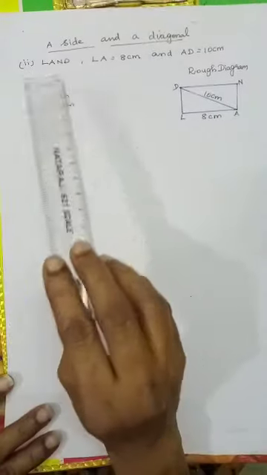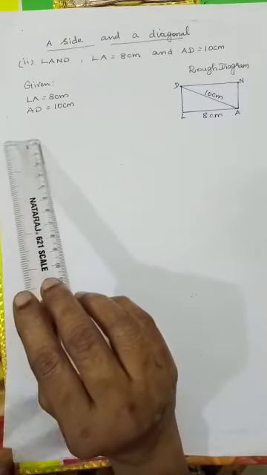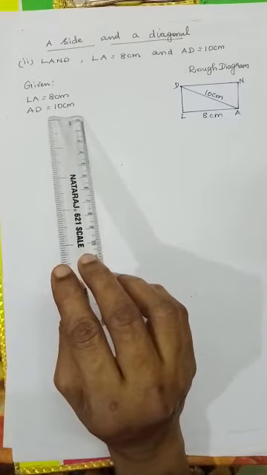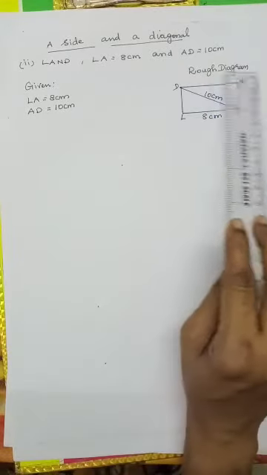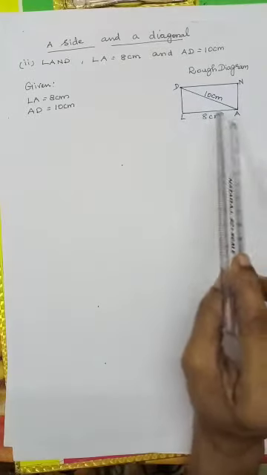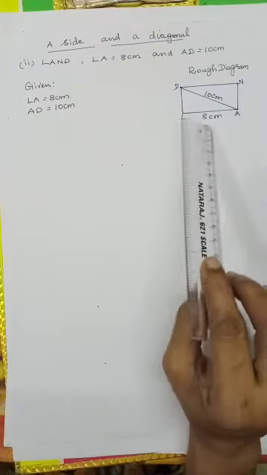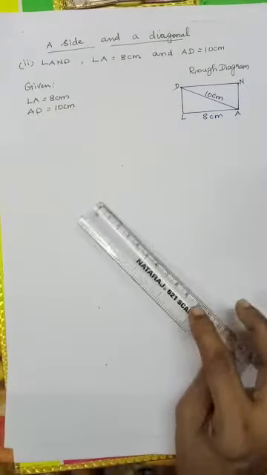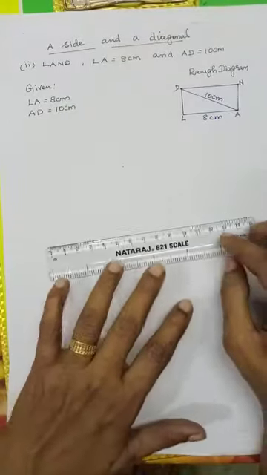Given LA is equal to 8 cm and AD is equal to 10 cm, and draw a rough diagram here. LAND and write the measurements. 8 centimeter, here 10 centimeter. Now we shall draw the fair diagram.